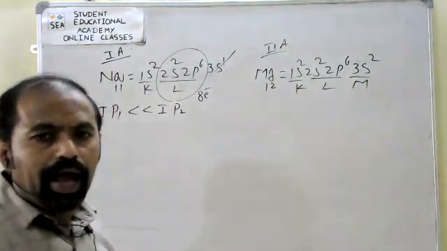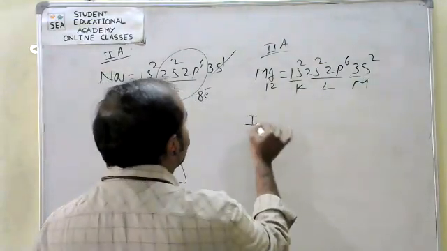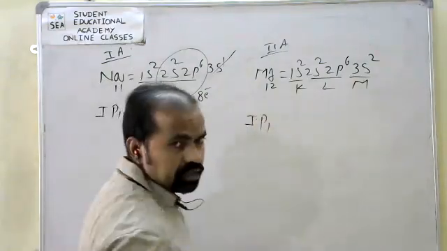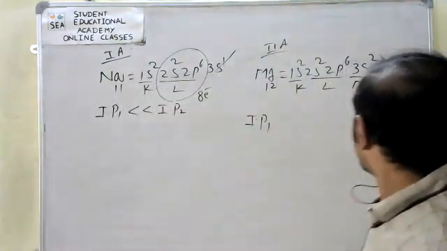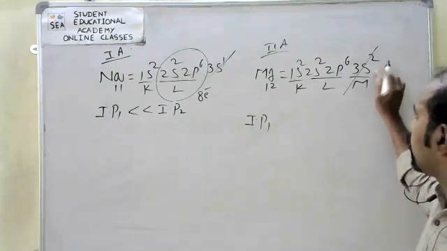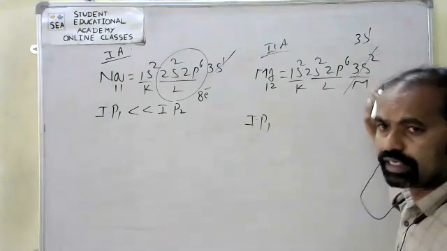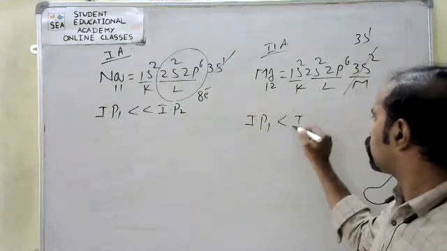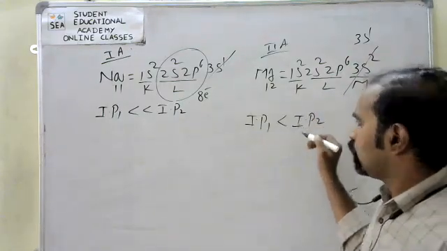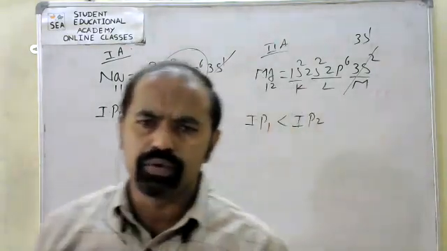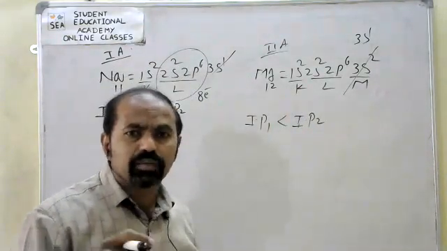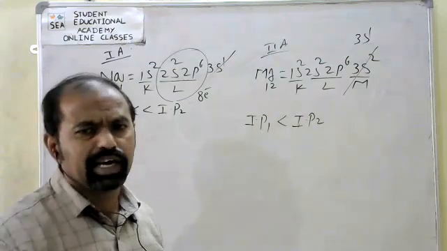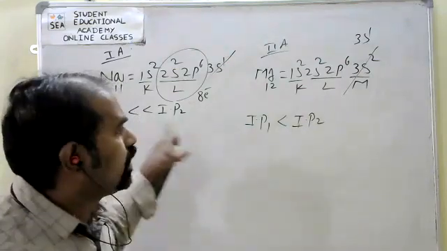Here IP1 means the removal of one electron, so from magnesium the remaining 3s1 is present. After that, the removal of the second electron is called IP2. Here IP1 is less than IP2, but the variation is not much, only small variations are present.